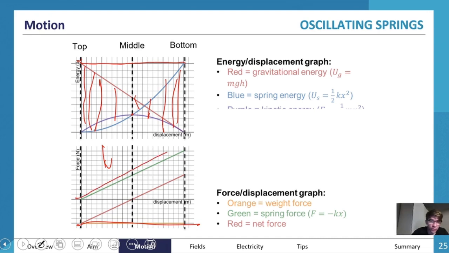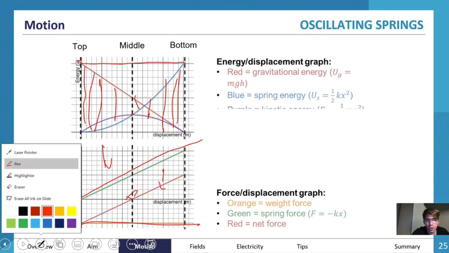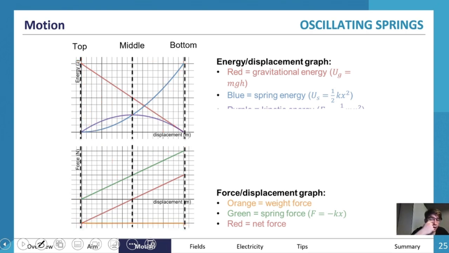The spring force increases as the spring gets extended, and then the net force obviously is something in between the two, and it's equal to 0 midway through. That's where obviously when it equals 0, that's when acceleration is actually the greatest.